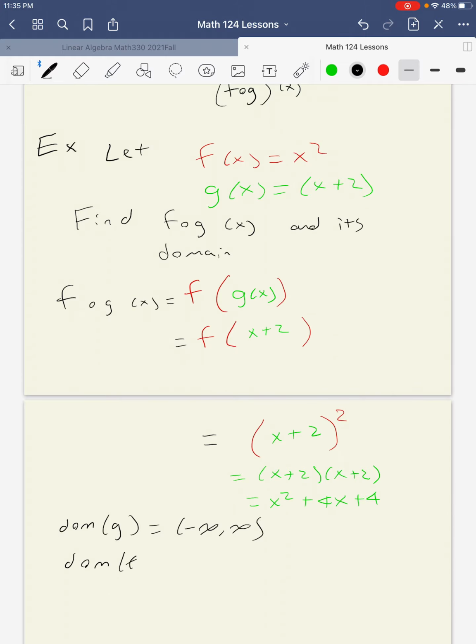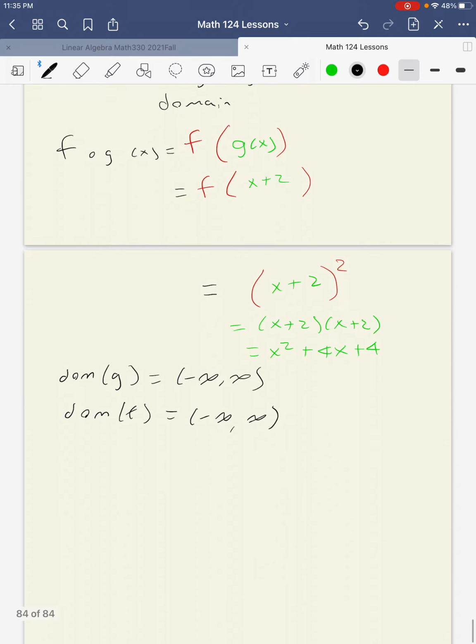The domain of the outer function is also all numbers. So this is an easy example.